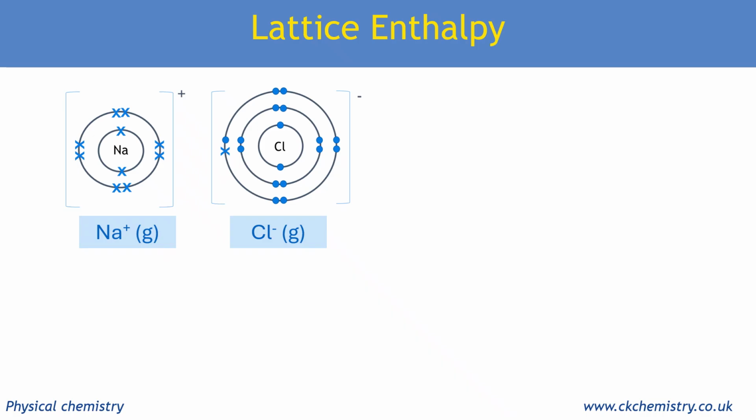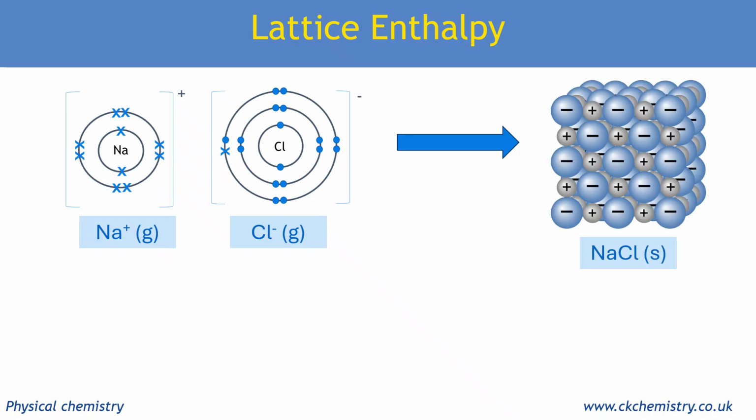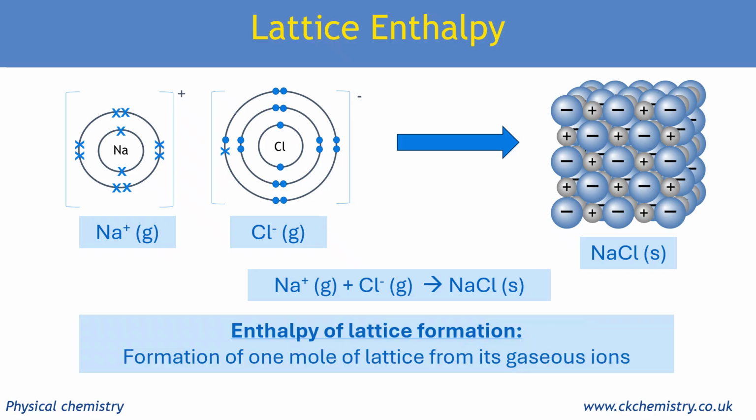In order to make sodium chloride, which is not a gas, it's a solid, and it's a solid because it has strong ionic bonds between all those oppositely charged ions. As soon as I've made those ions, it'll be rather difficult to keep them apart. They are going to all stick together in a giant ionic lattice structure, and that is another energy change, and that is my lattice enthalpy.